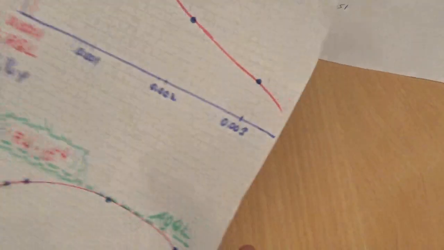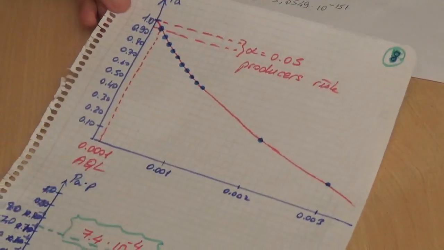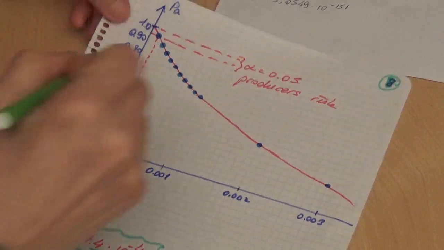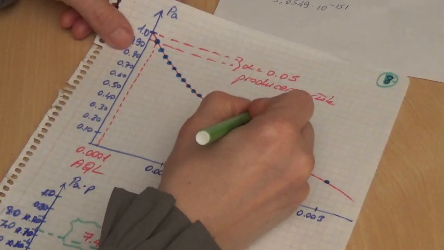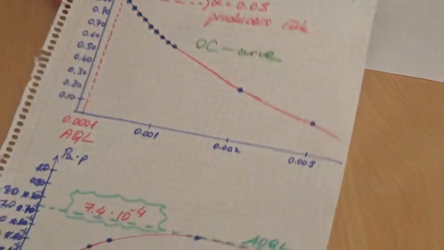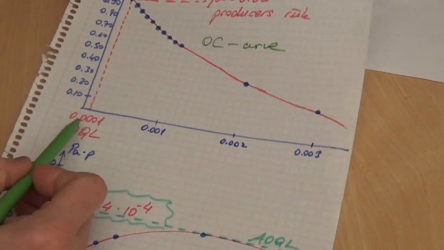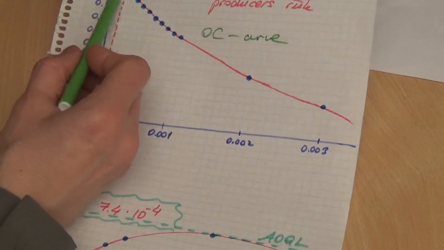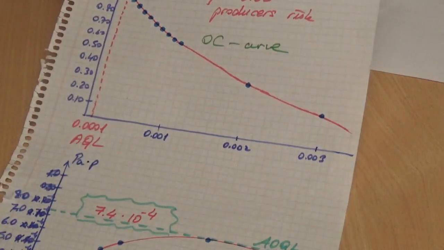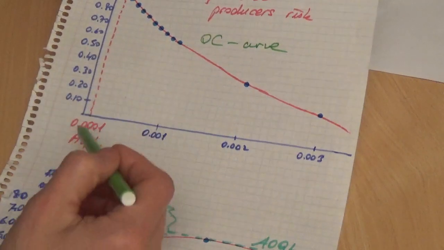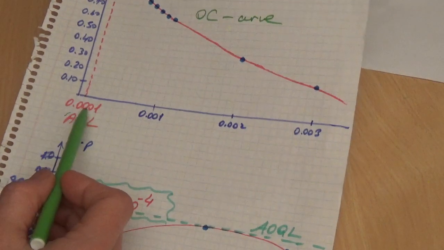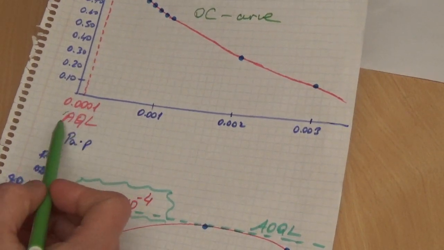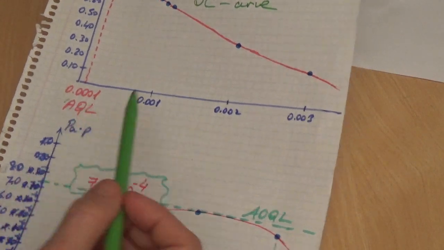Here are the graphs, curves for two of them. This is the OC curve, and when we take very small p-values, we could reach the 0.95 value. So this is 0.0001, the average quality level.